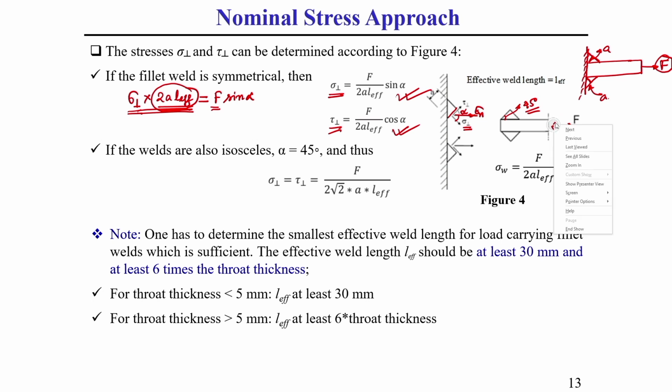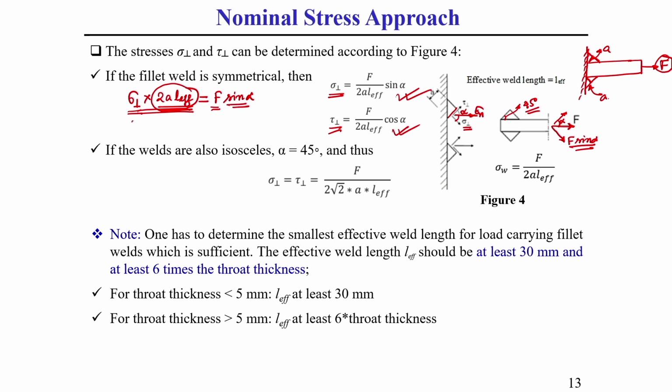Because this is the throat zone which makes an angle alpha. That is why this is sin alpha, but for the shear component this will be cos alpha. If alpha equals 45 degrees, then sin alpha equals cos alpha. So, you got the idea of how this is balancing.